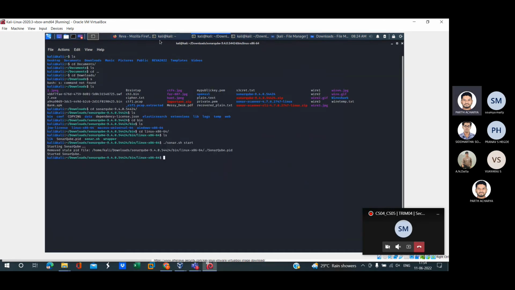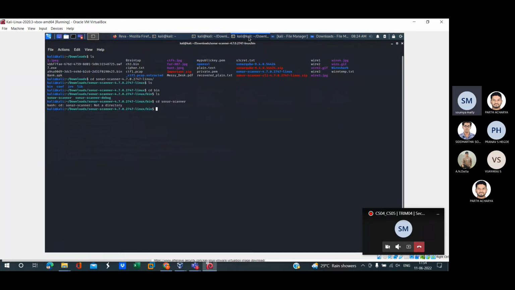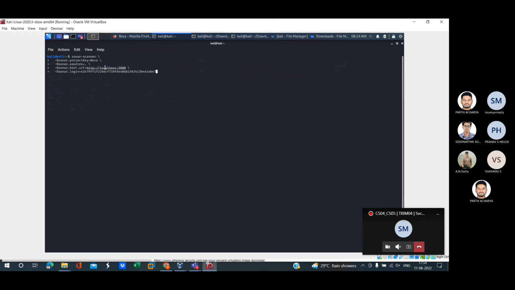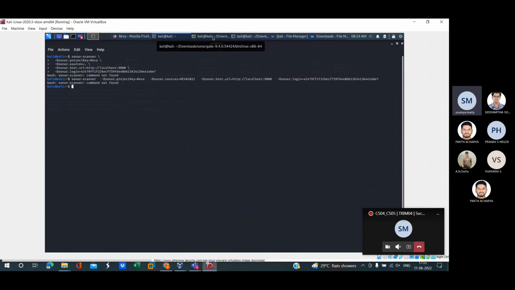where shall I run? Anywhere? Yes, anywhere. Let us do here. That is just downloaded, not installed. So I think you need to run it where it was downloaded, inside the bin folder. No, in the beginning you have to set where the sonar scanner is located.